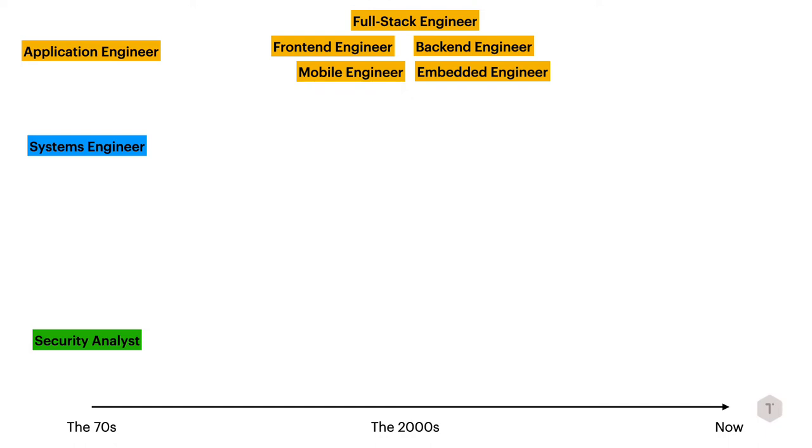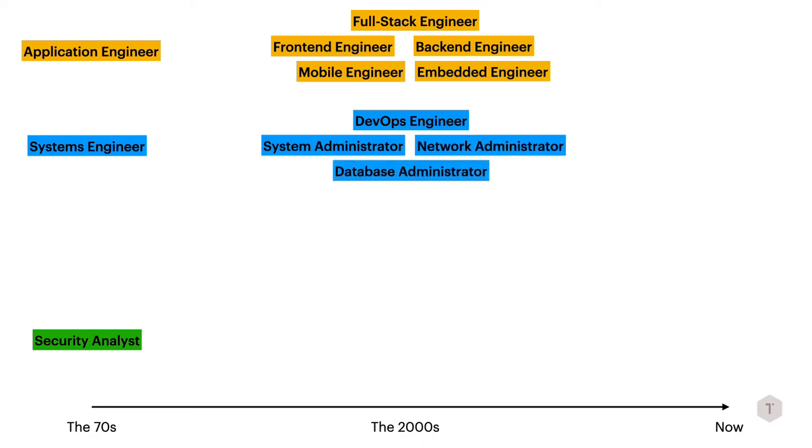One group wrote software to manage machines, and the other group didn't. The first group, that's the people who wrote software to manage machines, is known as DevOps. And the second group, who use software to manage machines, but don't necessarily write that software, are known as administrators. And that's things like system administrator or sysadmin, network administrator or database administrator, and so on.